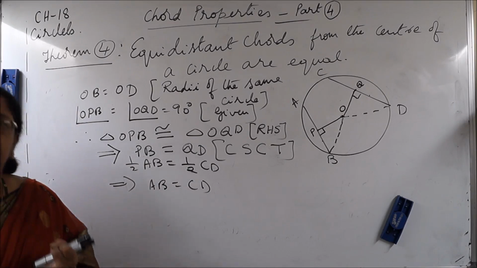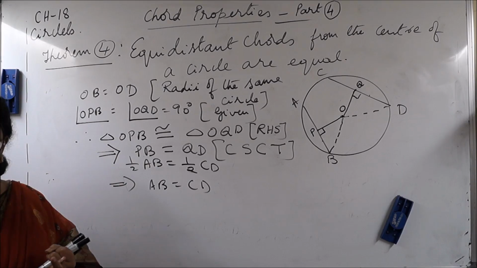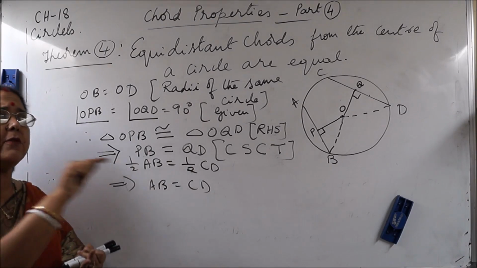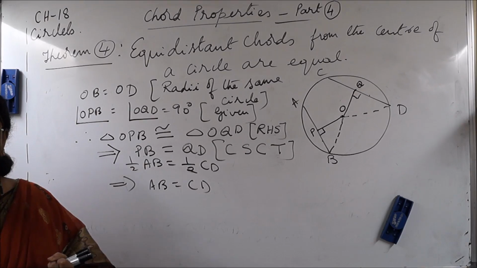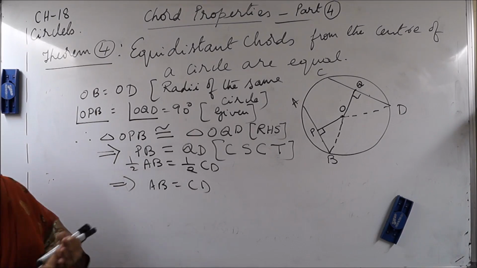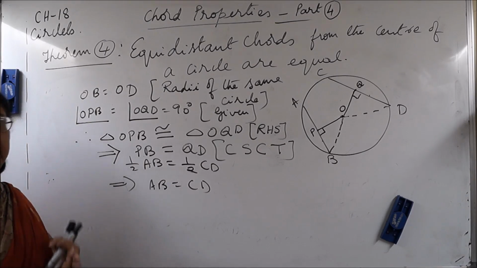The second, that we learnt in part 2, which is the converse of the theorem in part 1, is: the perpendicular drawn from the center of a circle to a chord bisects the chord. Then in part 3 we learnt equal chords are equidistant from the center of a circle.